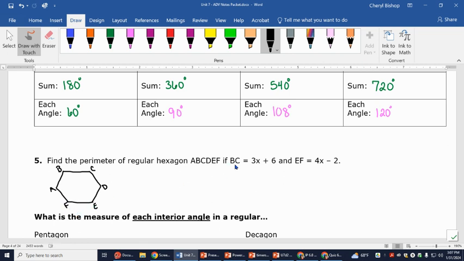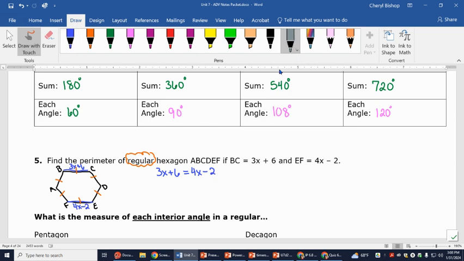Okay, and then it tells me that BC is 3x plus 6, and EF is 4x minus 2. Now, if this is regular, I know all of my sides are equal to each other. So my 3x plus 6 is going to be equal to my 4x minus 2.